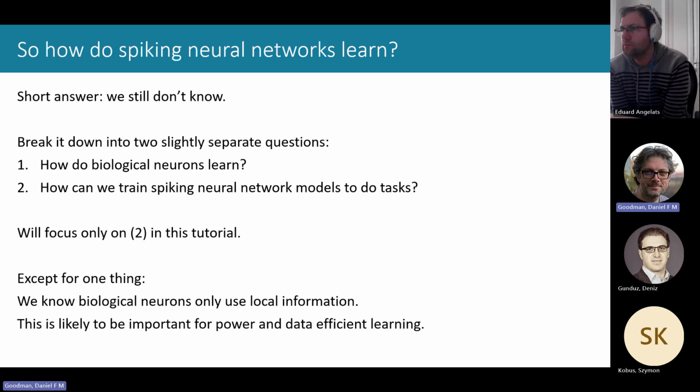A lot of this hardware is designed around the principle of doing in-memory compute. It would be really nice to know how the brain is doing so well at in-memory compute and how it's able to train and learn and everything so that we could adapt that to non-biological settings. But like I said, I don't have answers for that for you today. But it is a major topic in neuroscience, and I also guess in machine learning as well.